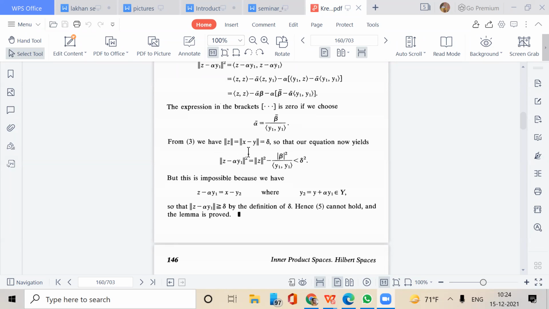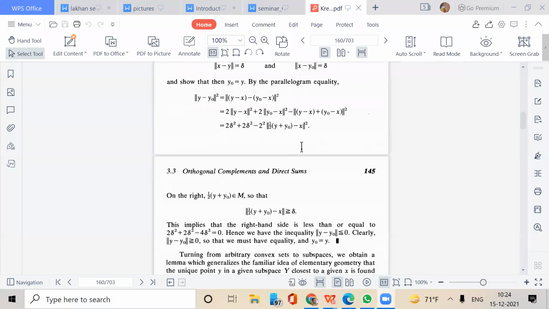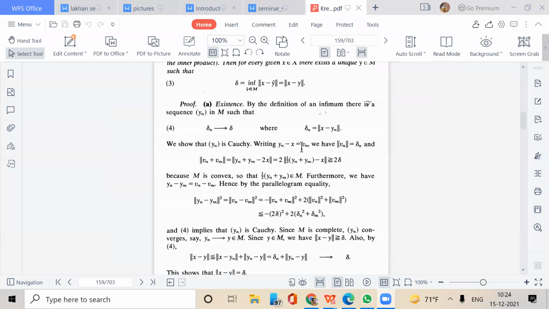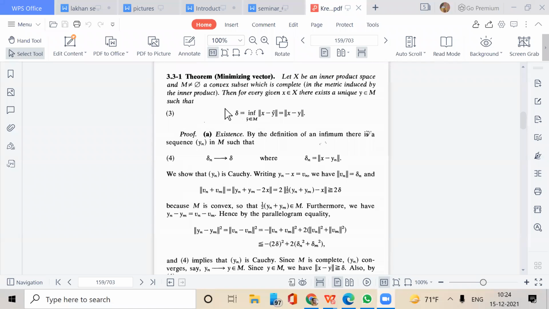We have norm of z is equal to norm of x minus y is equal to delta. Here, in the previous theorem, we proved that there exists y such that delta is equal to infimum over y bar belongs to M norm of x minus y bar is equal to norm of x minus y.